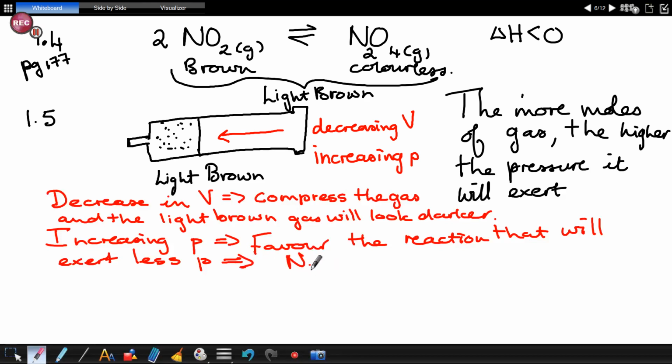The N2O4 will exert less pressure. Why? Because you've got half the moles, less particles. Less particles will exert less pressure. So you favor the forward reaction.